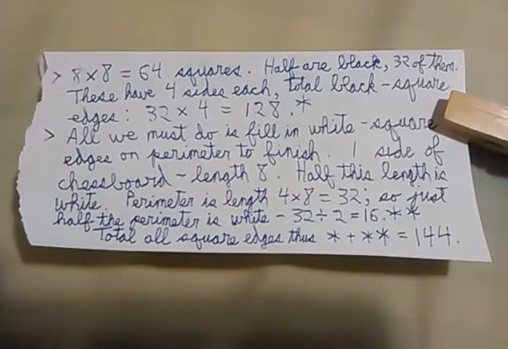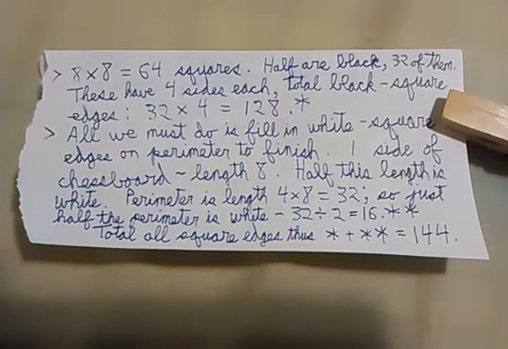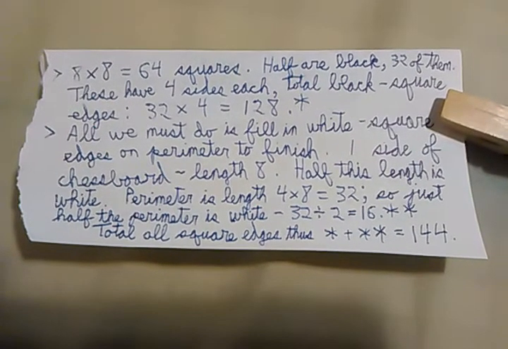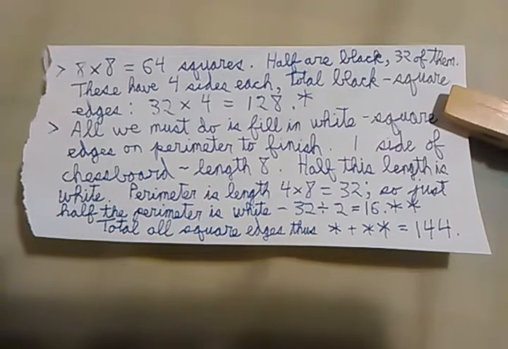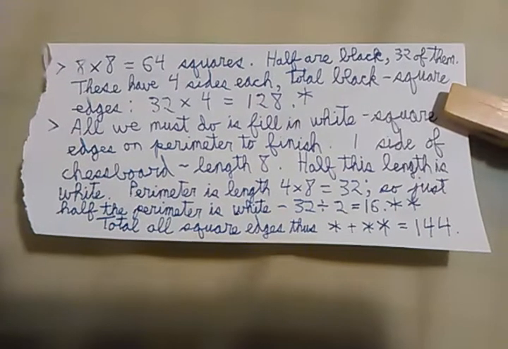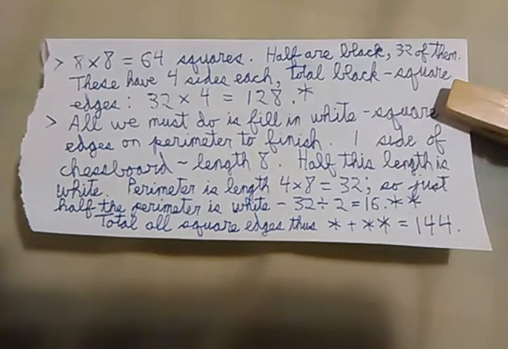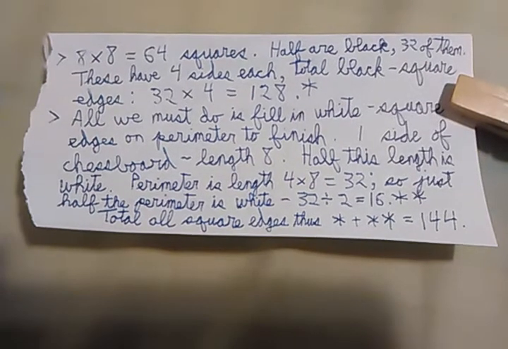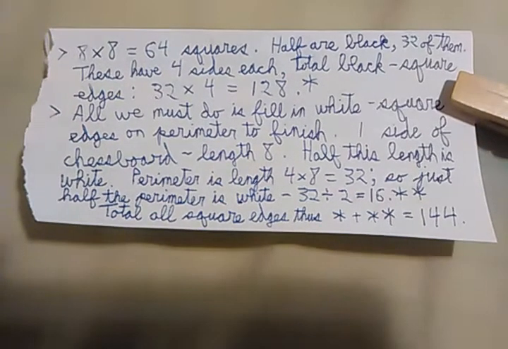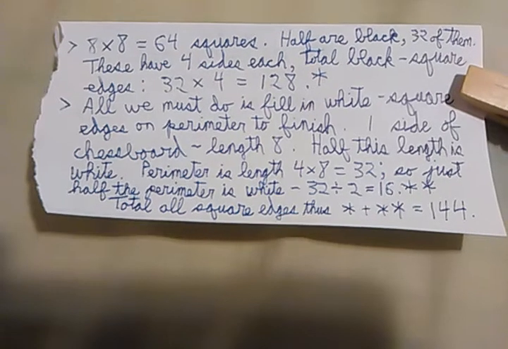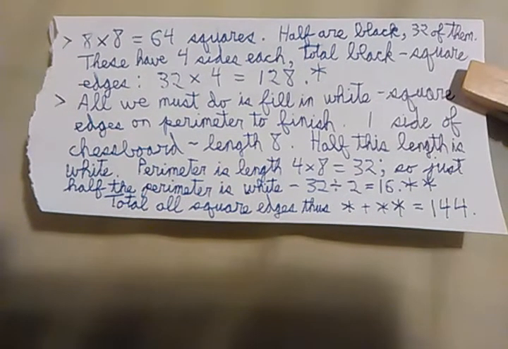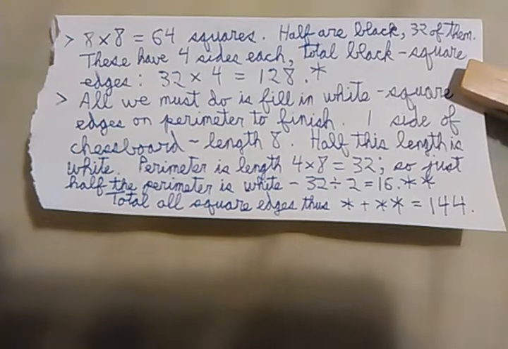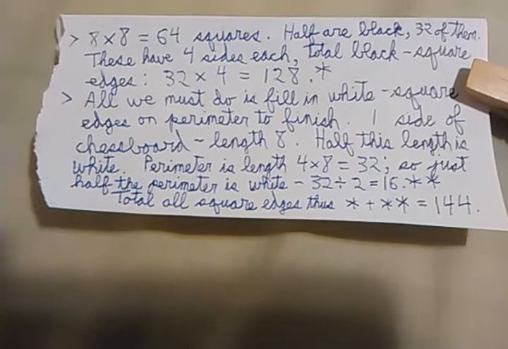All we must do to get every one by one square edge that there is, is fill in white square edges on the perimeter. One side of the chessboard is length 8. Half this length is white. The perimeter is total length 4 times 8, which is 32.